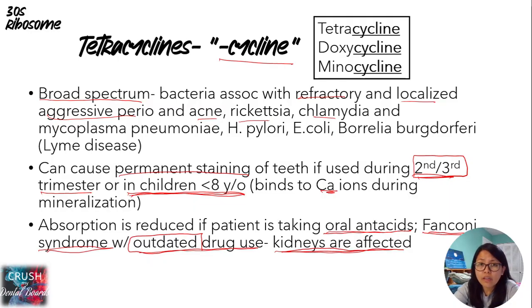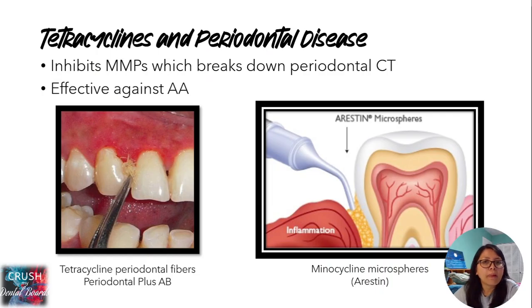Now, tetracycline is also important, and has more importance in dentistry, as we said earlier, because it is effective against bacteria causing aggressive perio. And so tetracyclines have a lot of use, especially when it comes to treating periodontal disease.